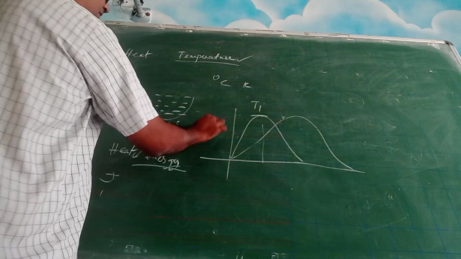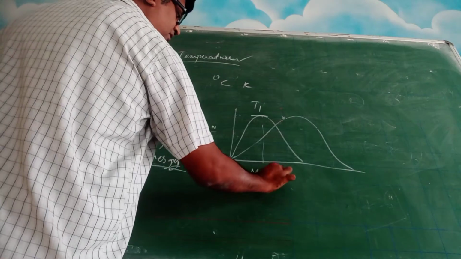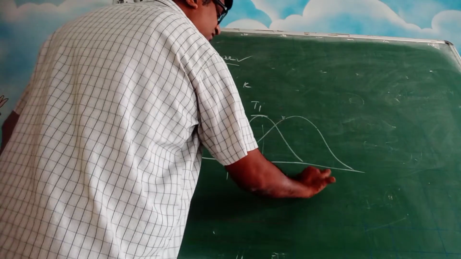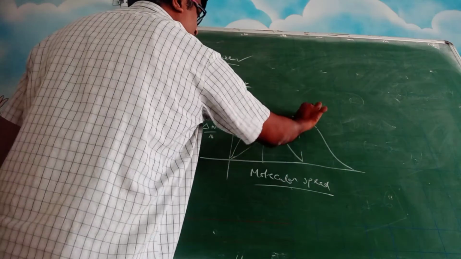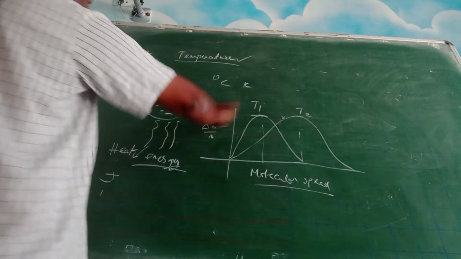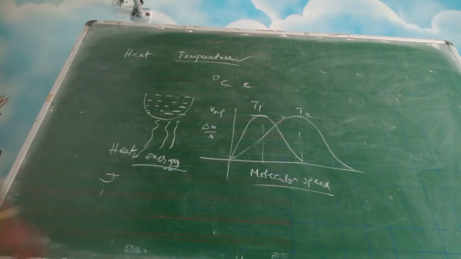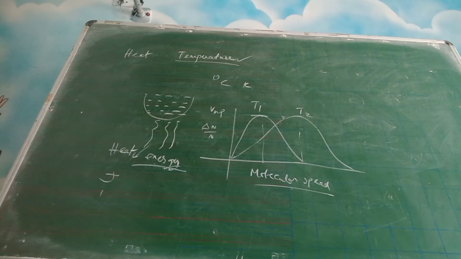Okay, here I have taken the molecular fraction and this was the molecular speed. In the previous lecture, what was happening here? When I was raising the temperature, the most probable speed, this is the VMP, was increasing, right? So temperature is a measure of change in kinetic energy of this.